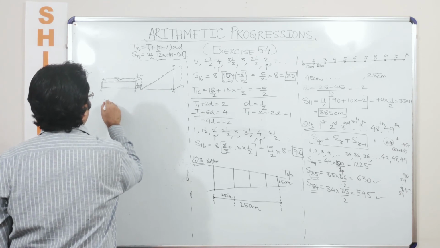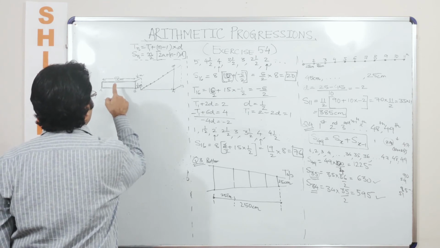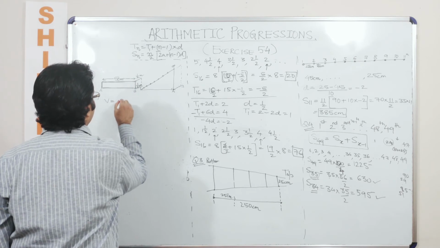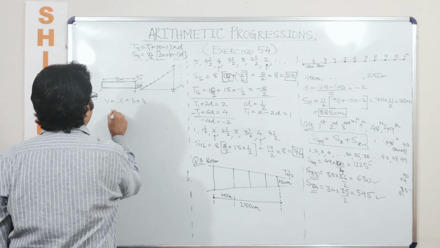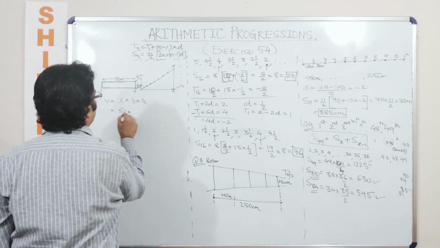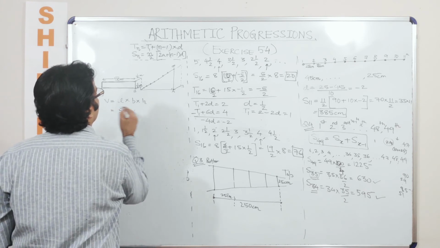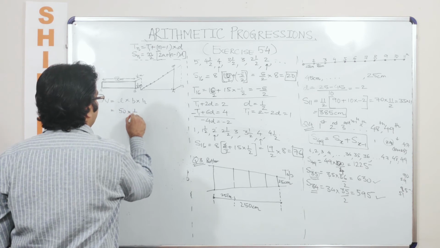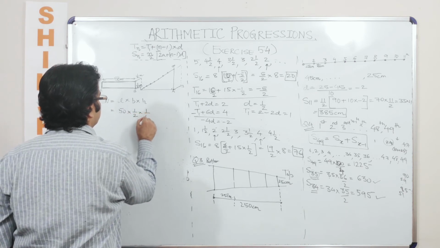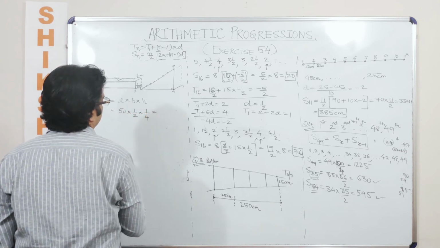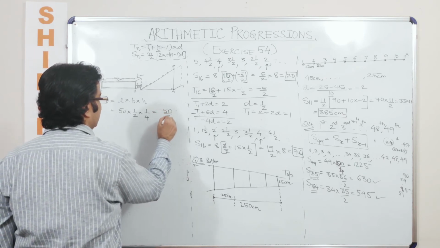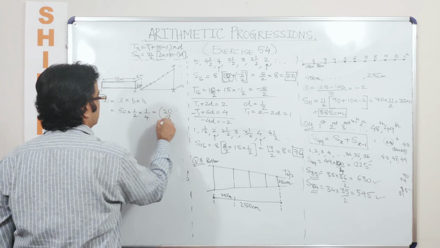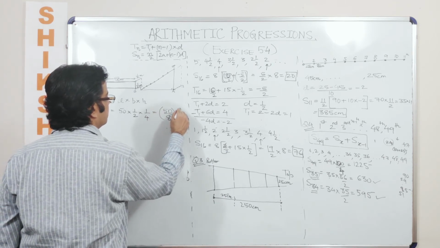Volume is length into breadth into height. What is the length here? 50 meters. What is the breadth here? 1/2 meter. What is the height here? 1/4. So this comes out to be 50 by 8 meter cube.